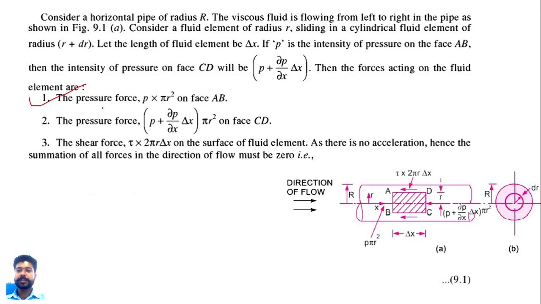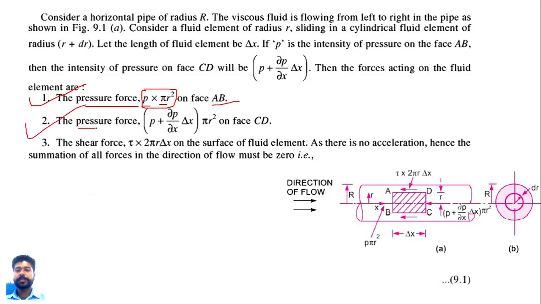The first force equals pressure P into the area of this elementary ring, that is pi r square. So the force equals pressure into area, applied on the face AB.